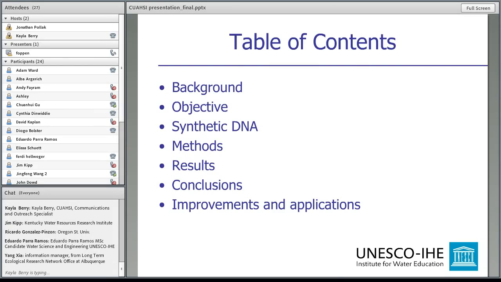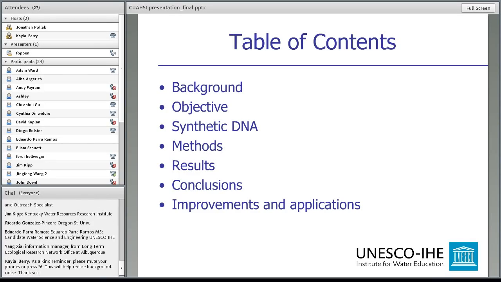Table of contents, quite simple, straightforward. Background: I'll try to give you a little bit of a background of what has been done before on using DNA as a tracer in the environment. What is the objective of today's talk? What have we done actually? Something on synthetic DNA: what is it made of?